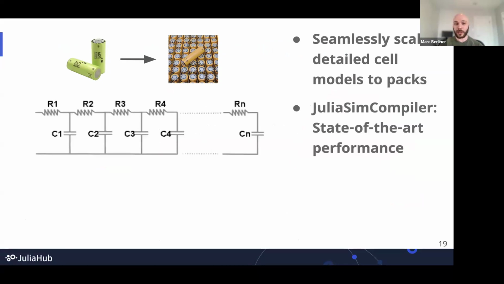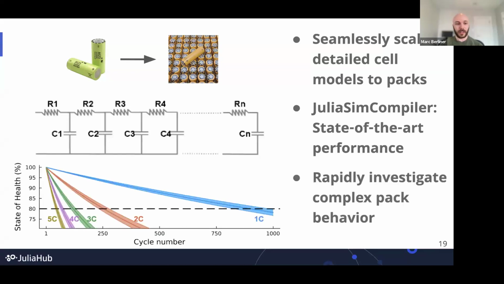And this is really built upon JuliaSim Compiler, which gives you state-of-the-art performance going all the way from the cell level to the pack level. And once you're at the pack level, you can very quickly investigate complex behaviors that arise from this pack, such as the lifetime analysis under different C rates.